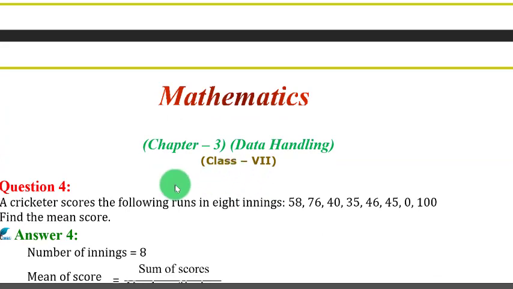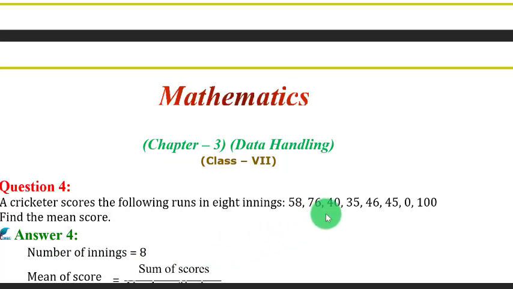A cricketer scores the following runs in 8 innings: 58, 76, 40, 35, 46, 45, 0 and 100. Find the mean score. Solution.